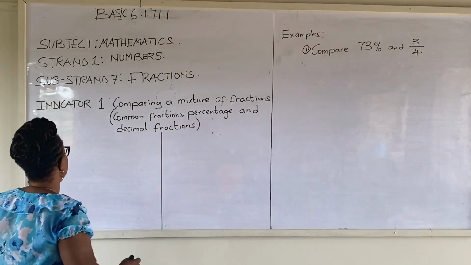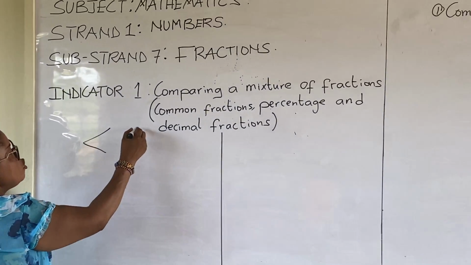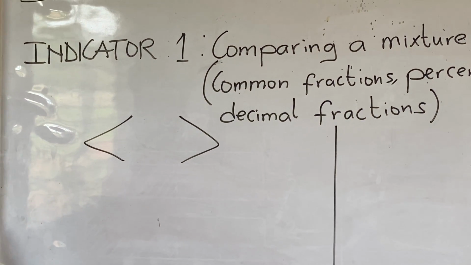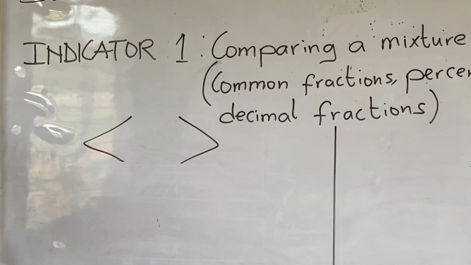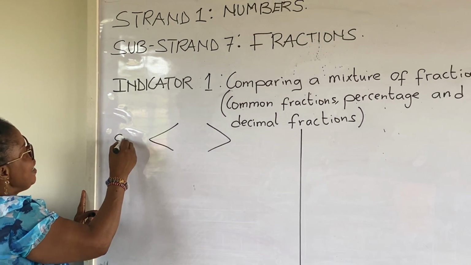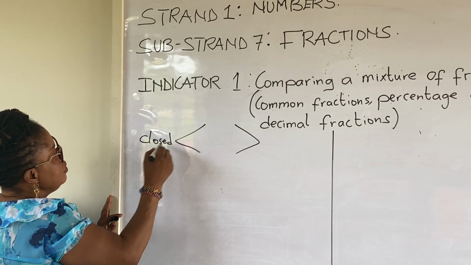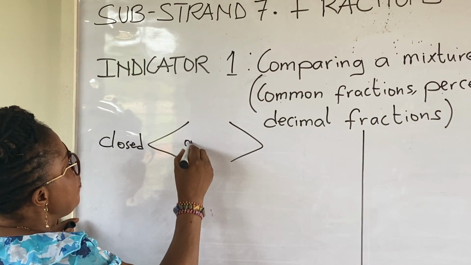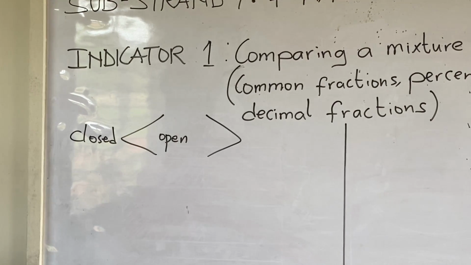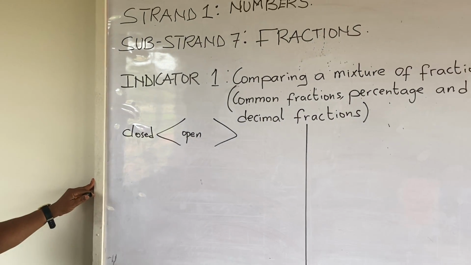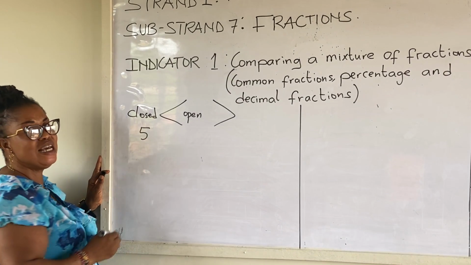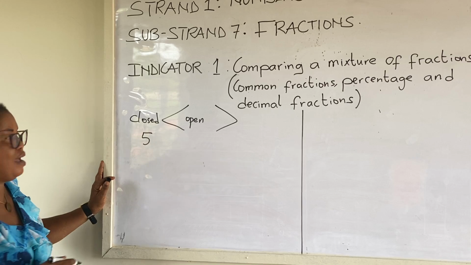For example, these are the 2 symbols that we have. Now, this symbol has 2 ends. One end is closed, the other end is open. The closed end always faces the smaller number.